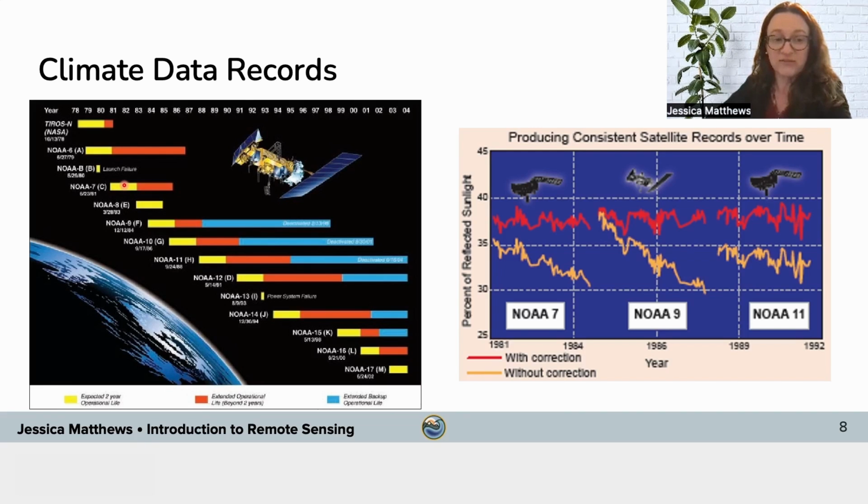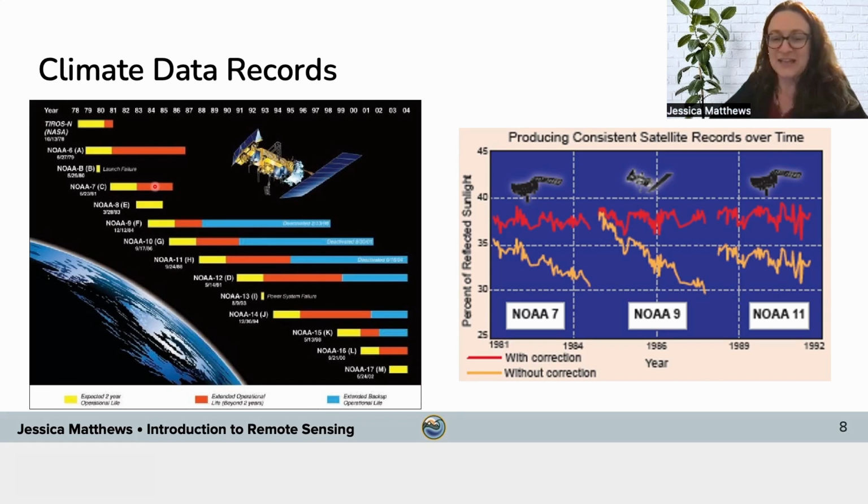The yellow portion of the bar indicates the expected operational lifetime as depicted from the designers of the satellite sensors themselves, whereas the orange bars illustrate how long those missions were actually active and producing data of value.